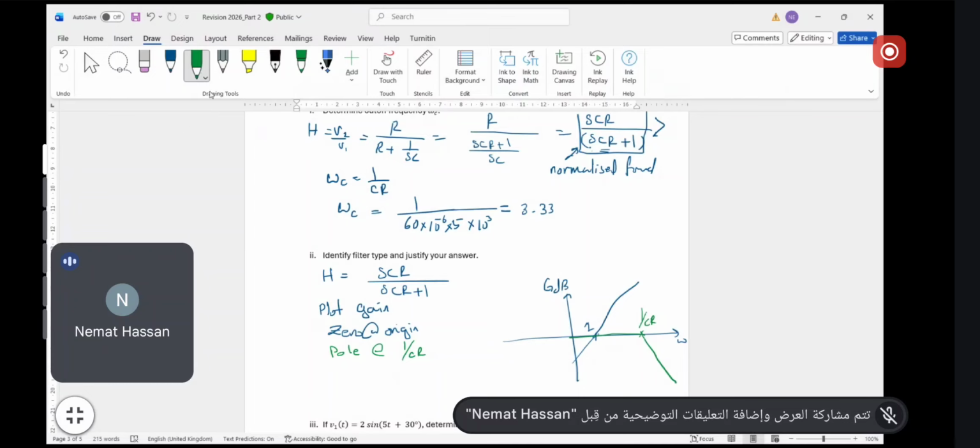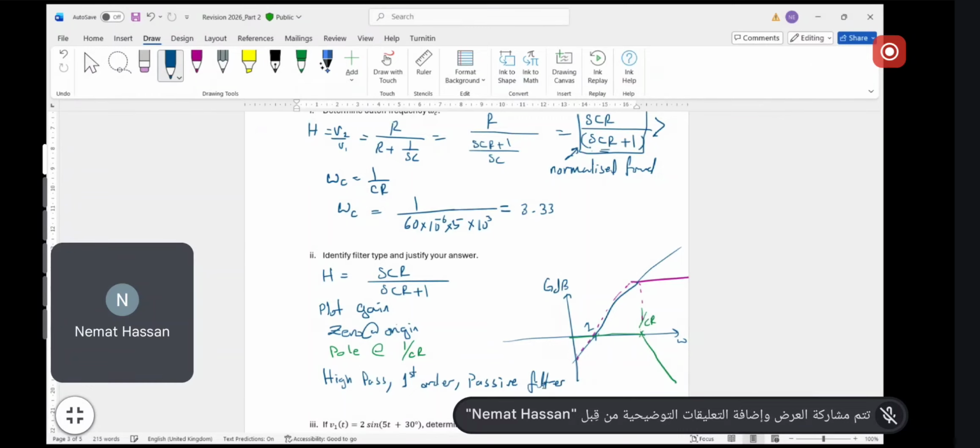If we combine these two, we'll end up with a line that continuously goes until it reaches the point of 1 over CR and then stabilizes at that value. And this type of filter is what? High pass filter. How much is the order? High pass, first order, passive filter.